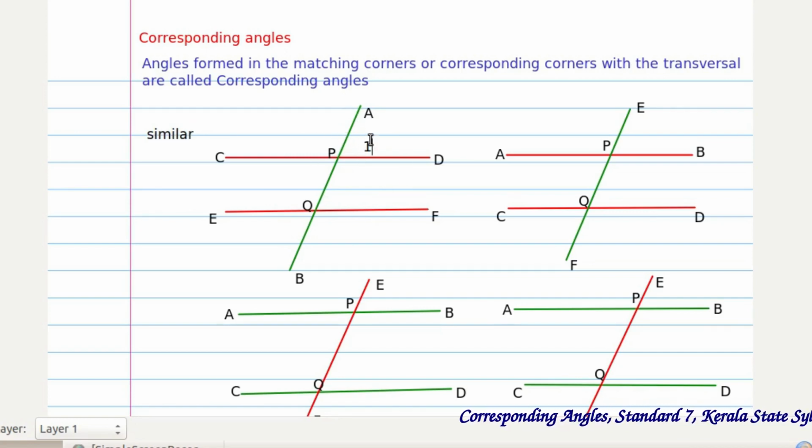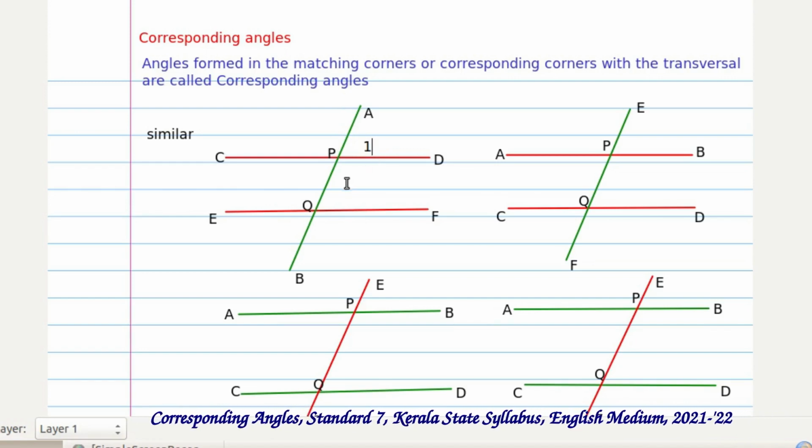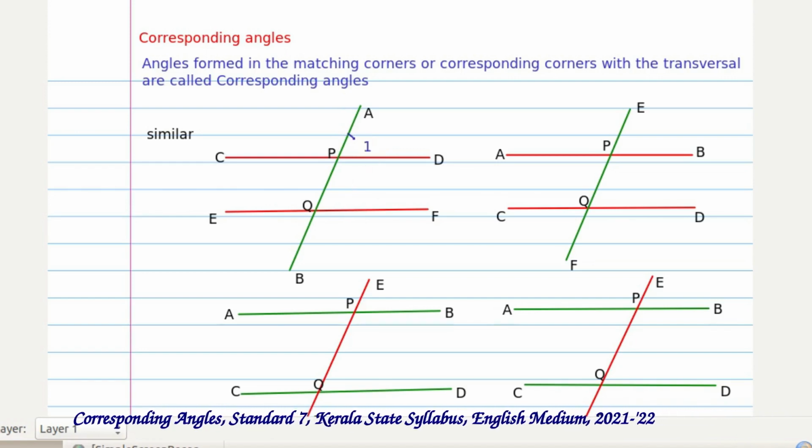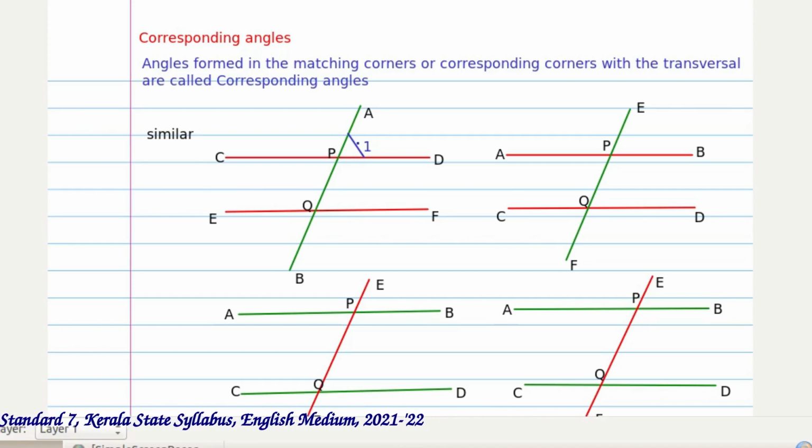If I write this number 1, here it is angle APD, this corner. Where do you see another matching corner? This one is angle APD. Where do you see an angle exactly in the same position here?